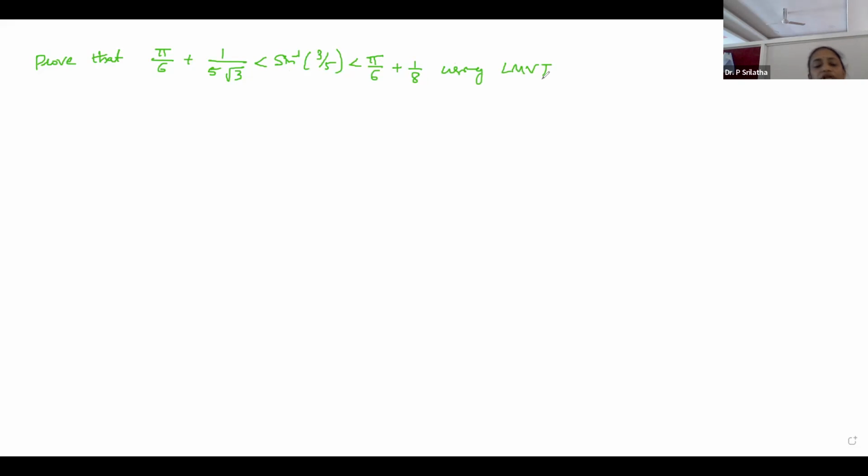So now tell me, what is our function here? Sine inverse x. Very good. Here our function is sine inverse x.